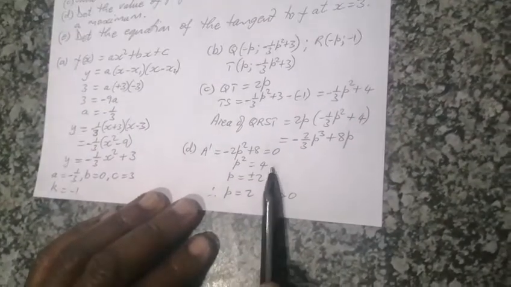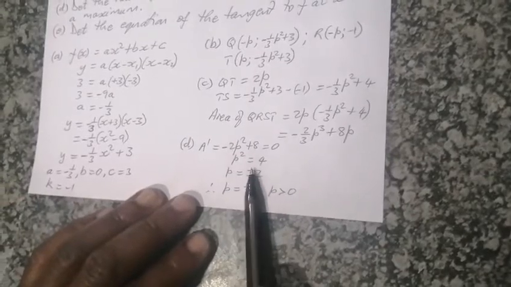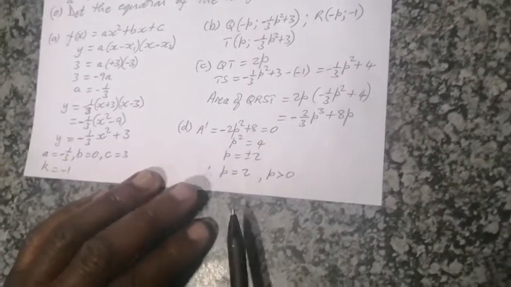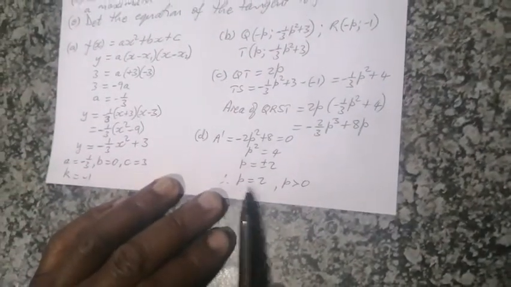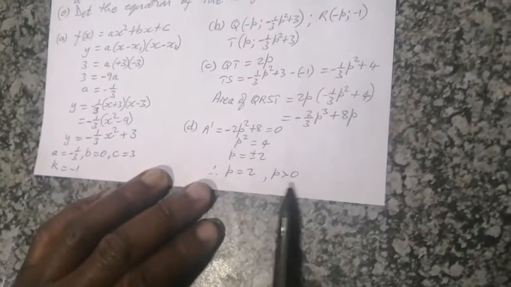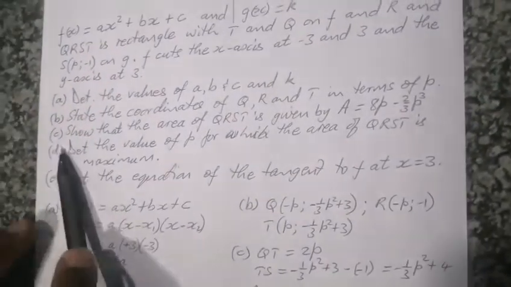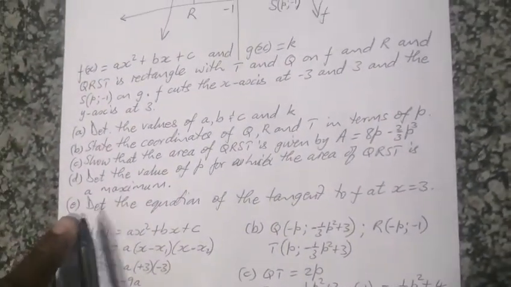Therefore, P squared is equal to 4. Our P is plus or minus 2. But then P is positive. Therefore, P can only be 2. Simply because the reason is that P is positive. We are done with part D.